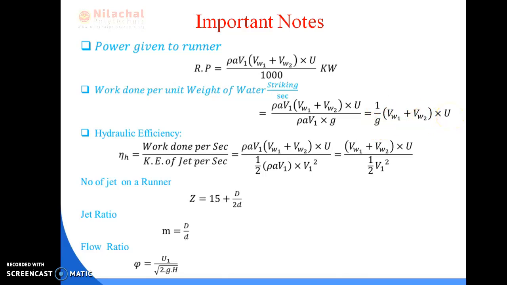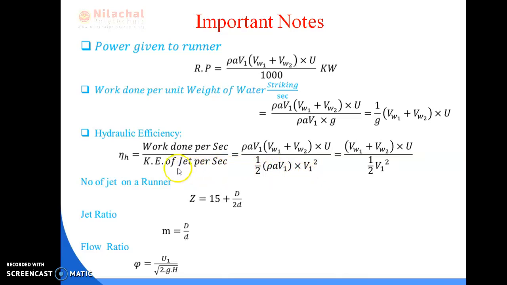In the earlier case, hydraulic efficiency is nothing but the ratio of work done per second divided by kinetic energy per second of the jet of water. So work done per second is equal to rho a V1 (Vw1 plus Vw2) into U. Kinetic energy means mass of water striking per second into velocity square.